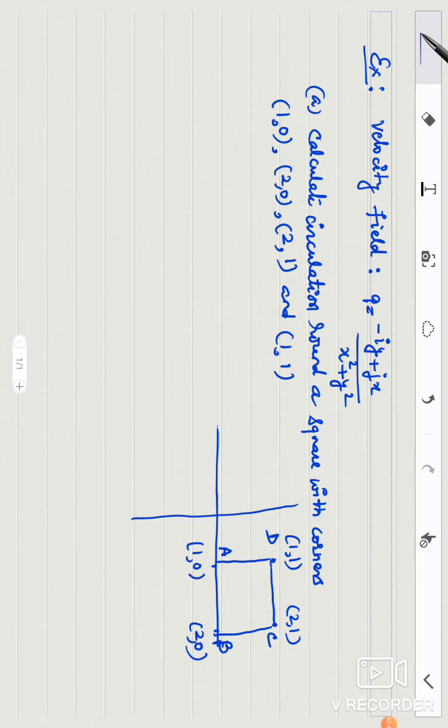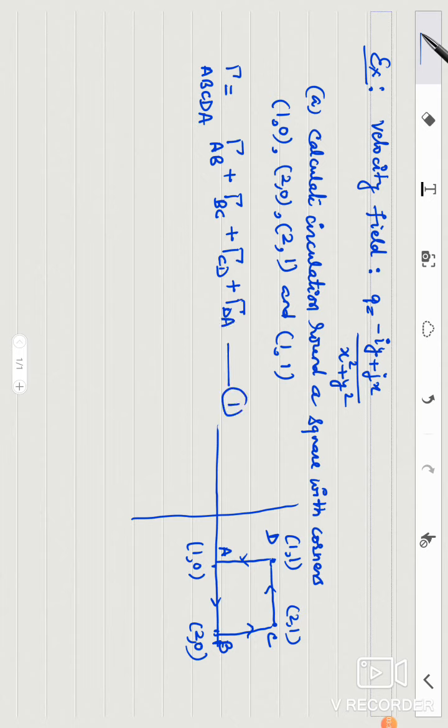So if I want to find the circulation round this rectangle, rather it is a square, the circulation from A to A, that means A, B, C, D, A, may be divided into circulation, or you can say flow, along AB, along BC, along CD and along DA.